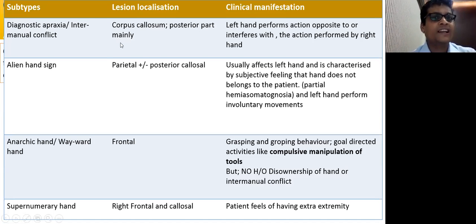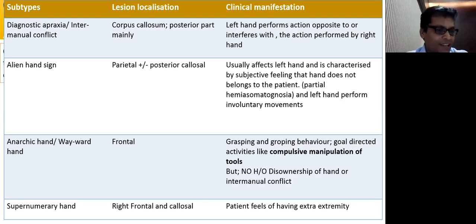Then the second is callosal alien hand, also called diagnostic apraxia, which is pathognomonically characterized by intermanual conflict, where if you ask the patient to do some action, the left hand will perform the completely opposite action to that of the right hand. For example, if the right hand opens the door, the left hand will close the door. If the right hand opens the ball pen, the left hand may take the ball pen and throw it from the right hand. So this is callosal alien hand, also called diagnostic apraxia.